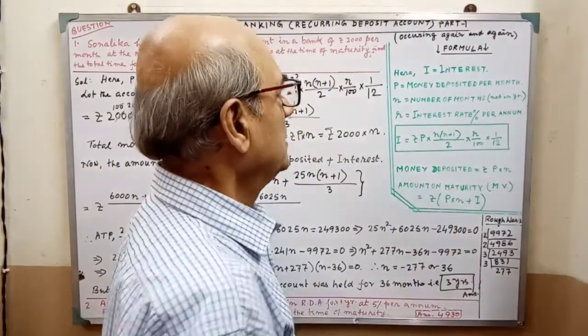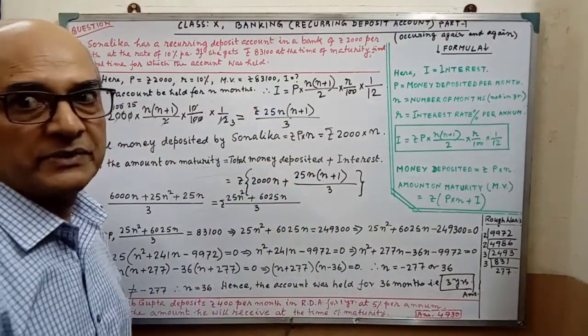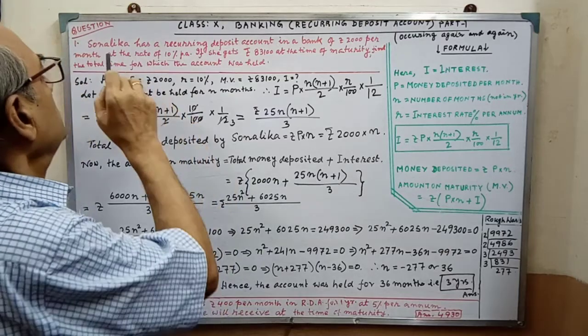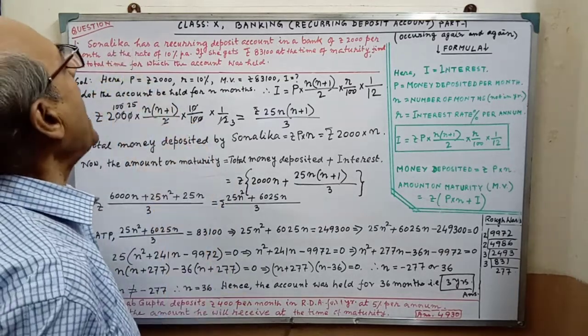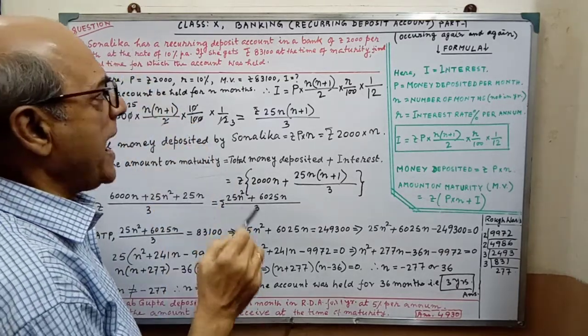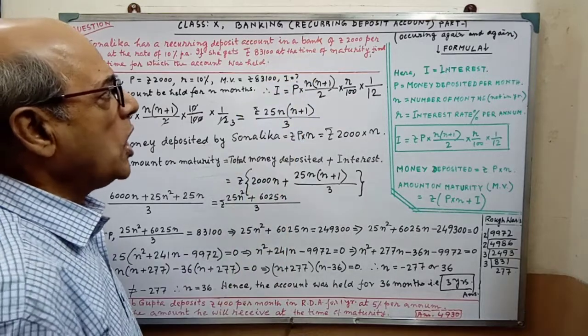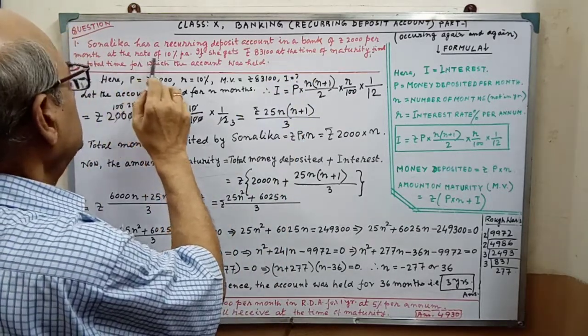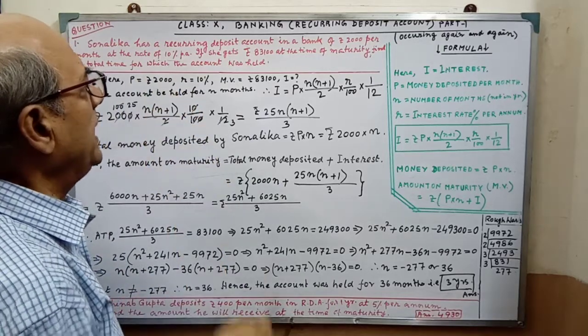On this, the sum is given. The sum is: Sonalika has a recurring deposit account in a bank of rupees 2000 per month at the rate of 10% per annum.